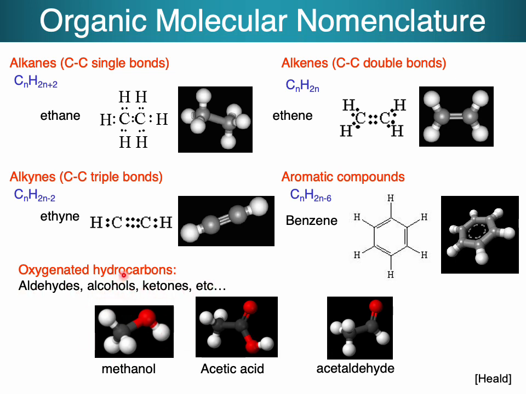Alcohols are very common, for instance methanol, ethanol; they contain the hydroxyl functional group. Acetic acid would have the CO2H. And acetaldehyde, which is a kind of aldehyde, would have the C double bonded with oxygen and also bonded with hydrogen here.